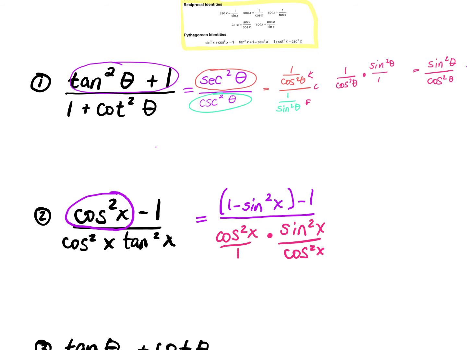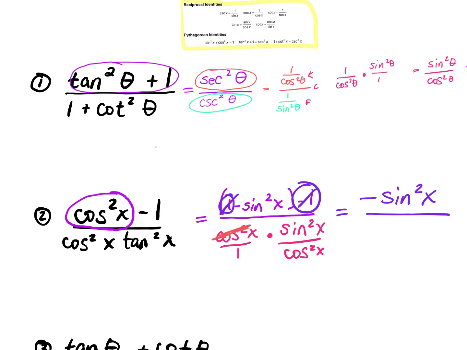All right, this is probably the hardest one that we're going to look at. Now, guys, look here. I have a positive 1 and a negative 1. So what do those ones do? They cancel out. So I'm left with what on top? What am I left with? Negative. Perfect. Negative sine squared x over, what am I left with on the bottom? What happens to those cosines?